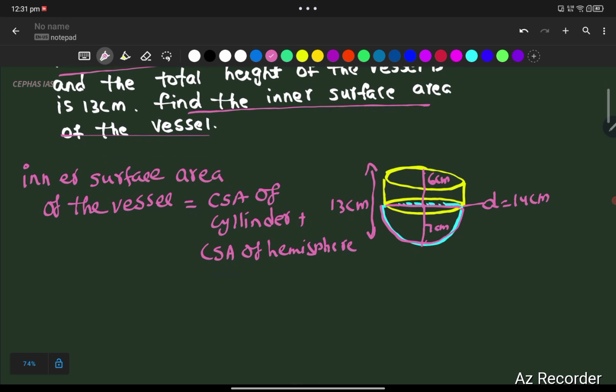What is the formula of the CSA of a cylinder? 2πrh. CSA of hemisphere is 2πr².